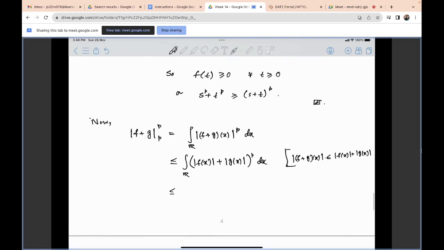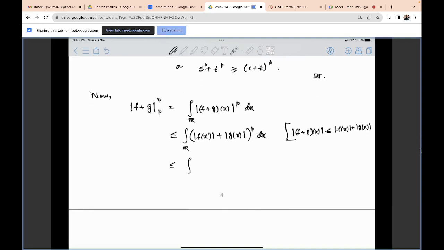And by the above result, where s is |f(x)| and t is |g(x)|, this will be less than the integral of |f(x)| to the power p dx plus the integral of |g(x)| to the power p dx.